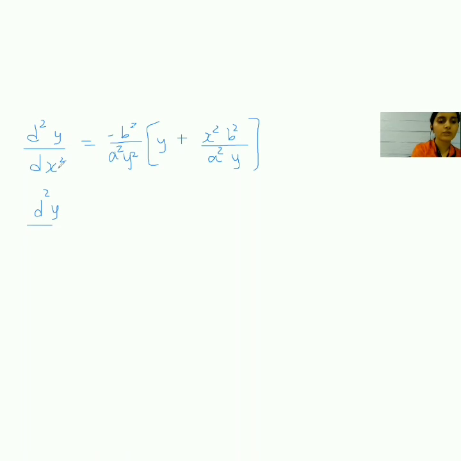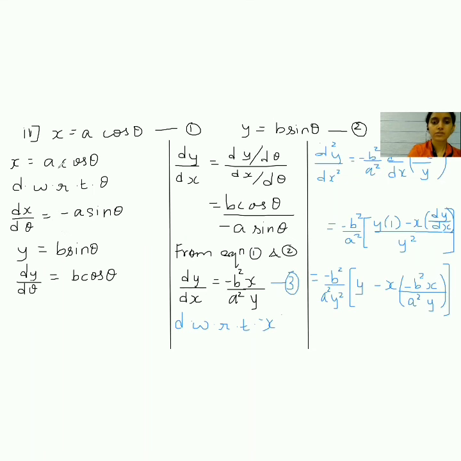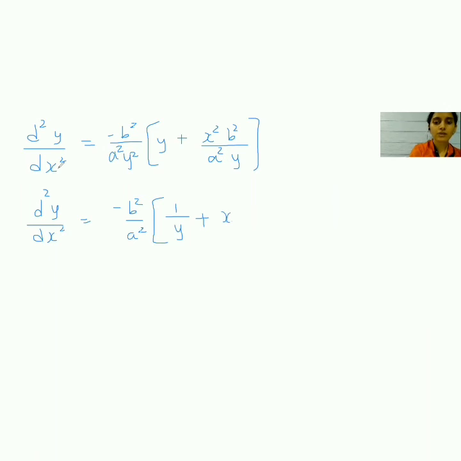So d2y upon dx square is equal to minus b square upon a square, which remains here, and I'll send the y term inside, so we are left with 1 upon y, plus x square as it is, b square upon a square and y cube.